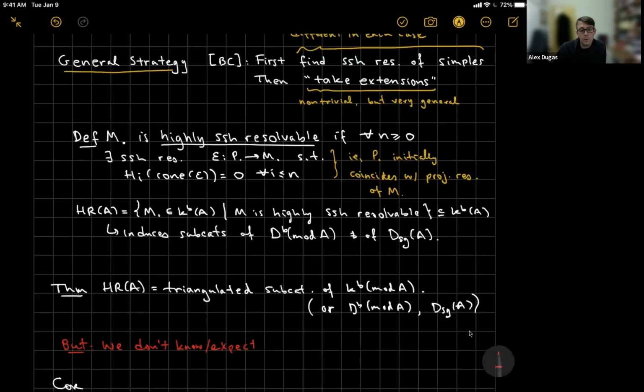So we don't know if it's closed under summands. So this is kind of an annoying issue that repeatedly comes up. And that's part of the reason why in the isolated singularity case, we can't say whether every module actually has an SSH resolution itself.